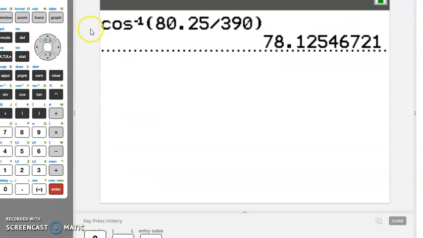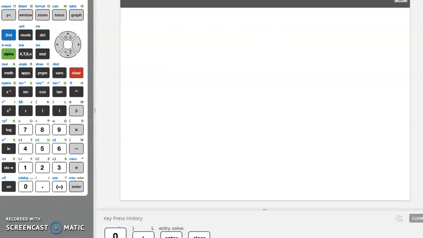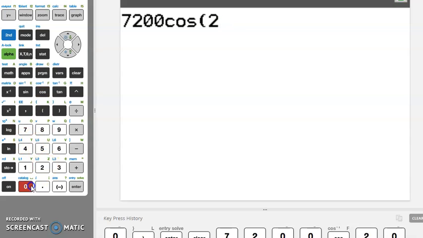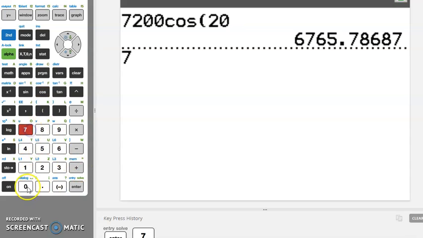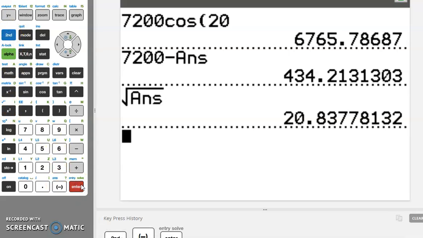So remember, if you're using this calculator, here's how it looks. So we got 7200 cos 20, and then we had 7200 minus that. We have 434, so we go second function square root, second function answer, then we get 20.8377.